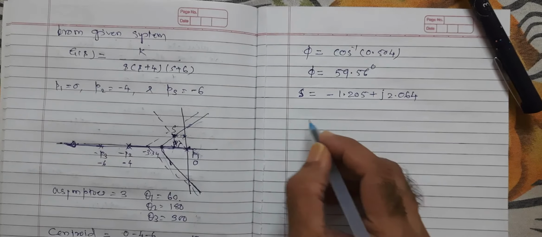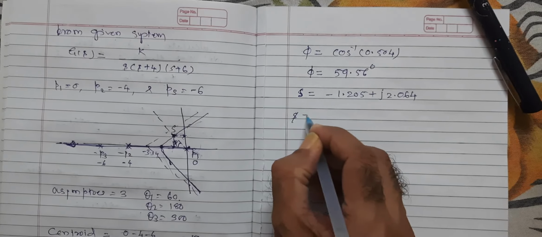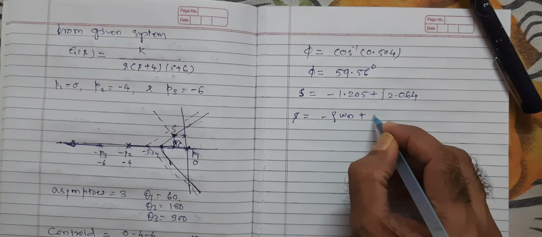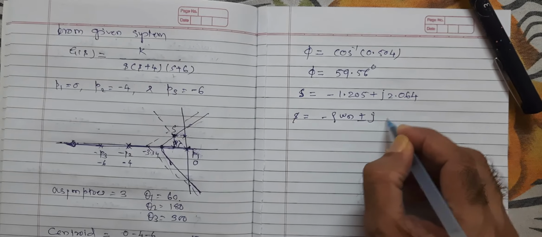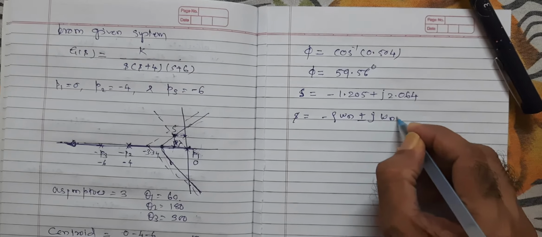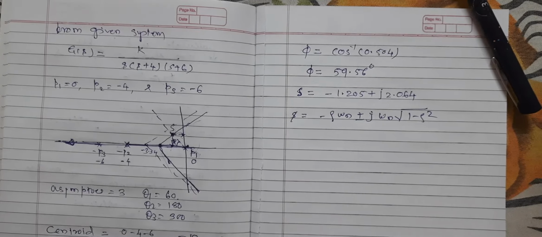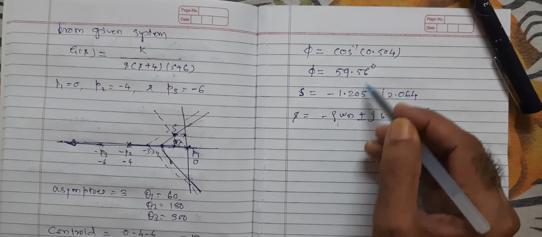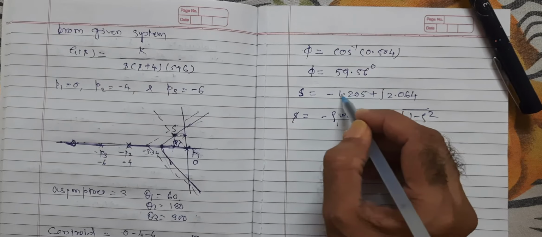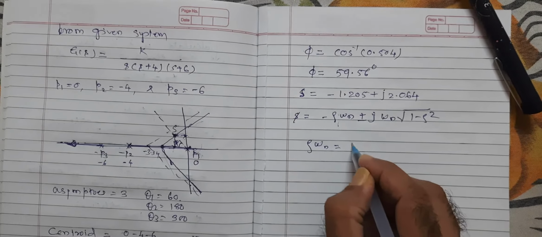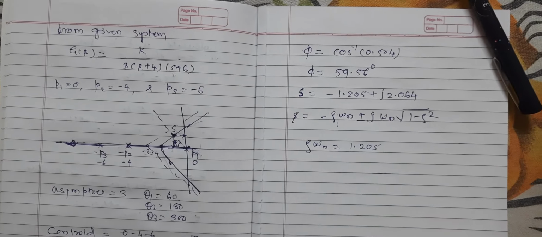Now we know the equation of s: s equals minus neta omega n plus minus j omega n under root of 1 minus neta square. Now we will compare this. So we get neta omega n equals 1.205.